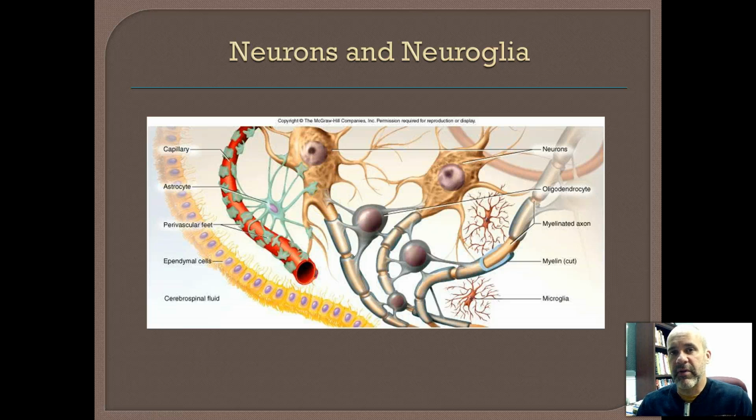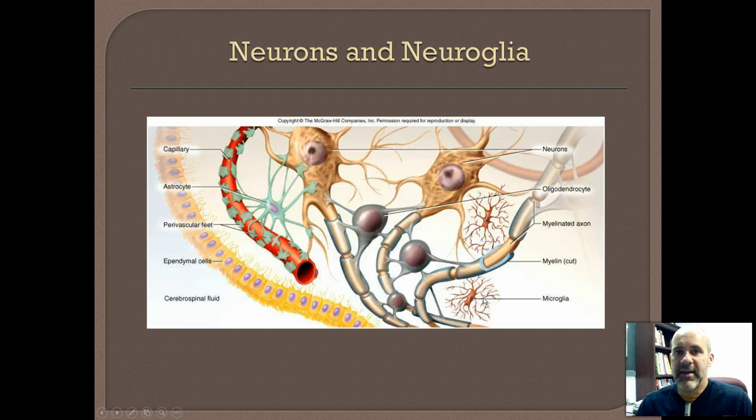Remember, in the peripheral nervous system, you have those Schwann cells that do it, and the cells themselves are wrapped around the axons. But in the central nervous system, the oligodendrocyte cell body is not attached to the axon itself. It sits out by itself. And a single oligodendrocyte can send out little projections that wrap myelin around the axons of more than one neuron, as you can see in the picture.